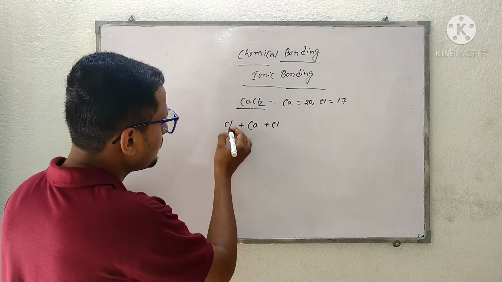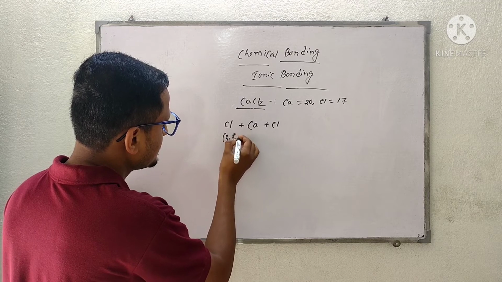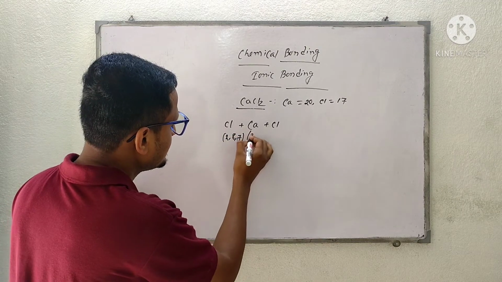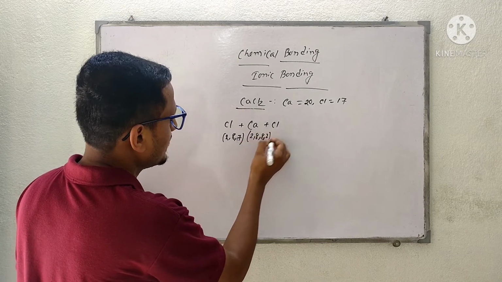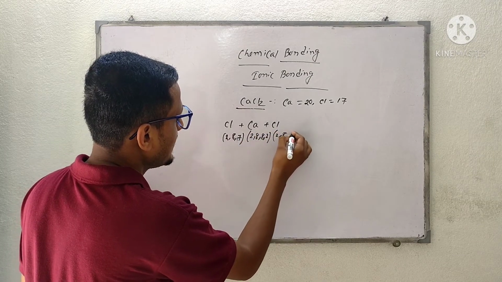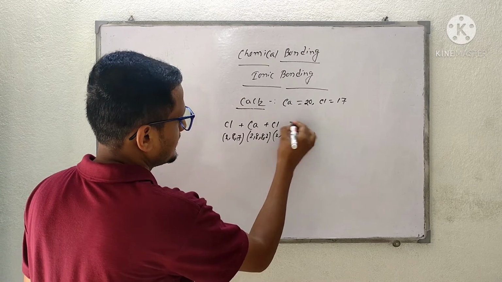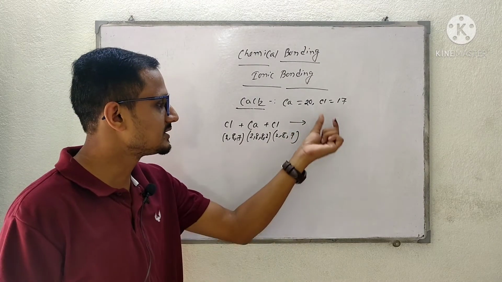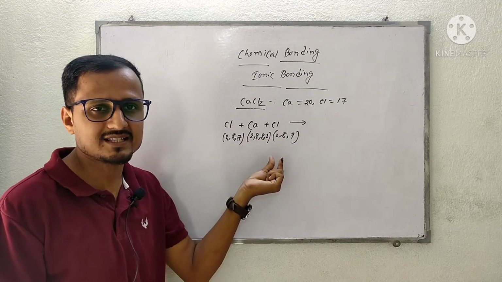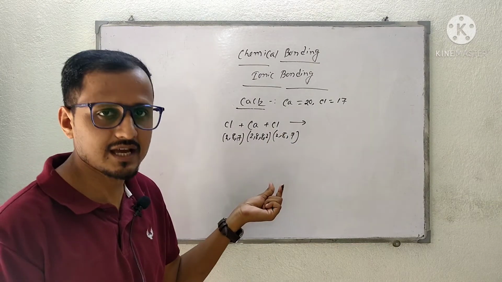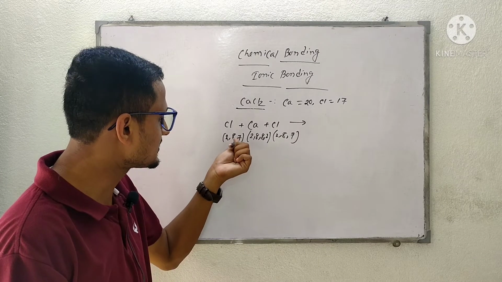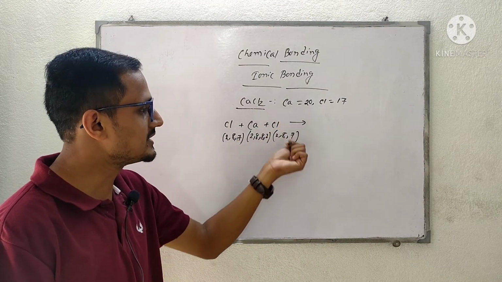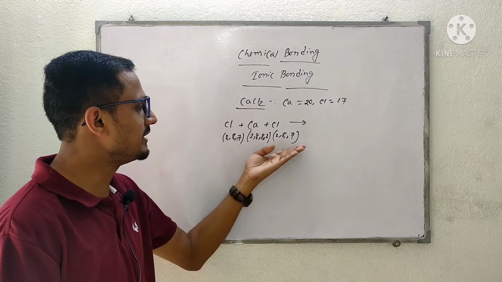For calcium it is 2882, and for chlorine it is 287. According to Lewis we have to show the outermost electrons, because only the valence electrons participate in the reaction. The valence electrons are 7 for chlorine, 2 for calcium, and 7 for the other chlorine.